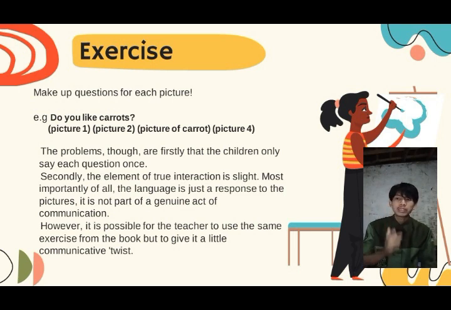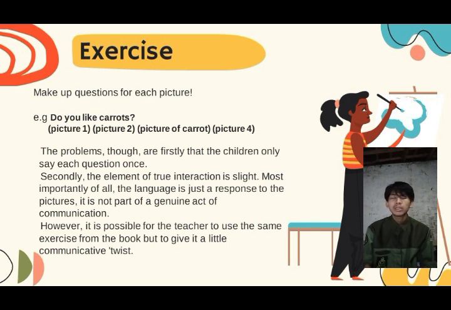The problem is, firstly, the students only have one chance to give one question for each picture. And secondly, most importantly of all, the language is just a response to the picture, and is not a genuine act of communication.